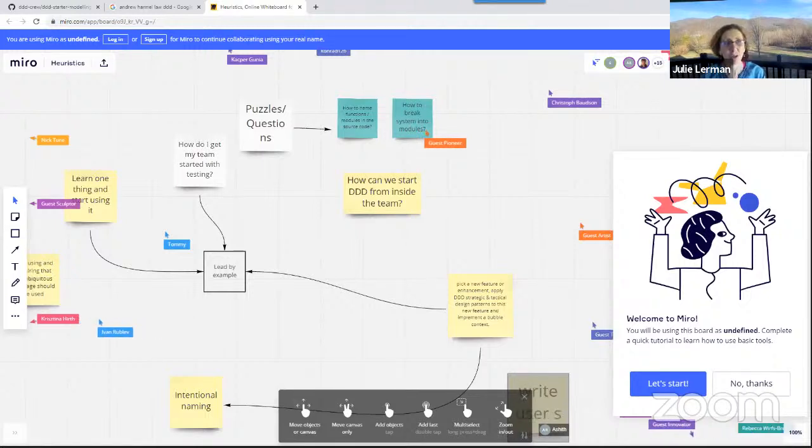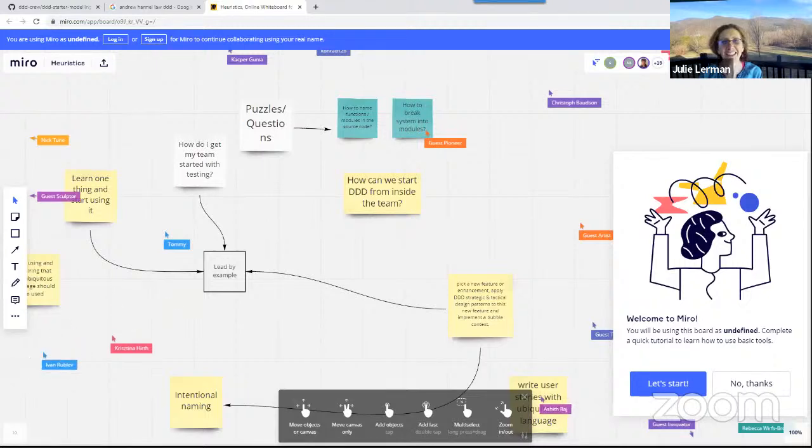But there's got to be some kernel where it begins, right? And I think that's the other path that it would be good to map out: if there is just this one person, how does this one person spread the idea and get more people interested and excited about that?